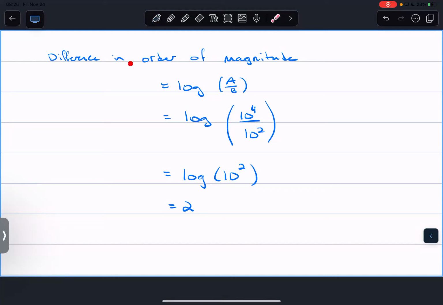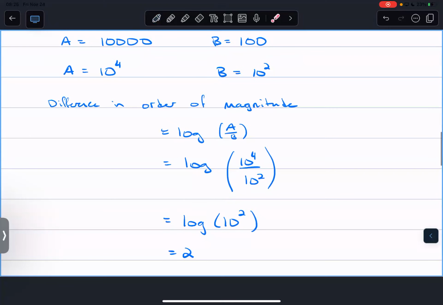So the difference in order of magnitude between 10,000 and 100, let me put a little comma there, it's easier to read, is going to be 2. So that's how that works.